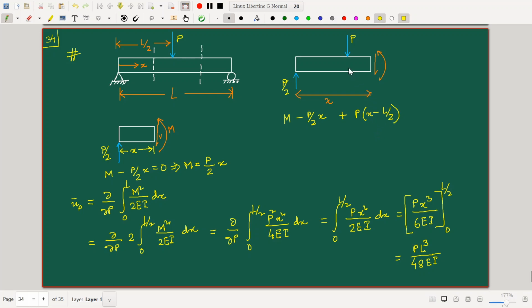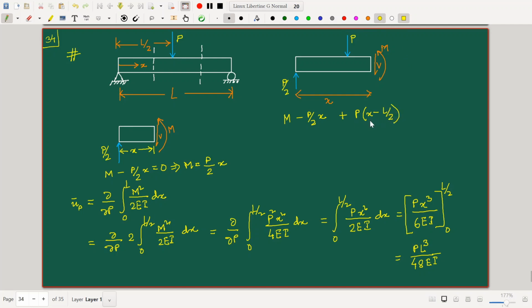You note that x minus L by 2 is basically this distance, and I'm writing this with a plus here because the moment of this force P about an axis passing through this end would be in the same sense as that of this orange colored curved arrow, which represents our m. So our m is still like this.